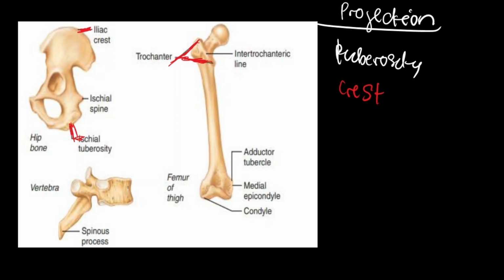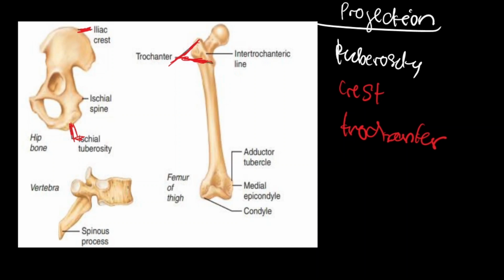It's a constant term used for the femur. The projections on the proximal head of the femur are called trochanters. They are hardly ever called tuberosity or tubercle. Trochanter is the word for such projection.